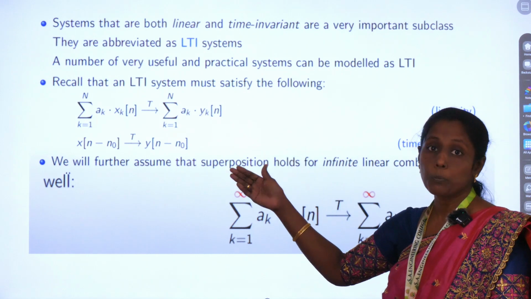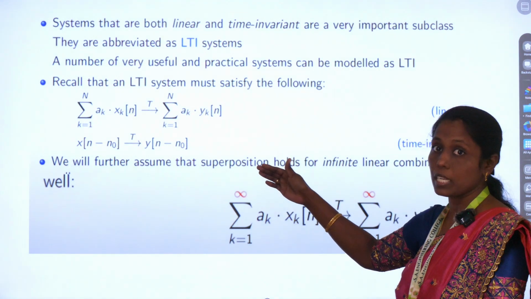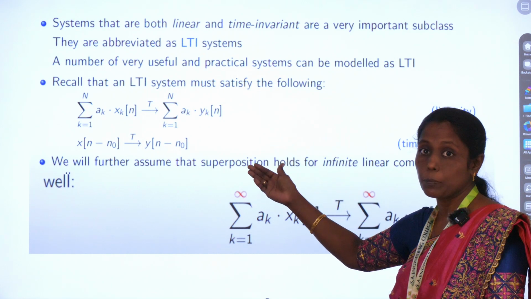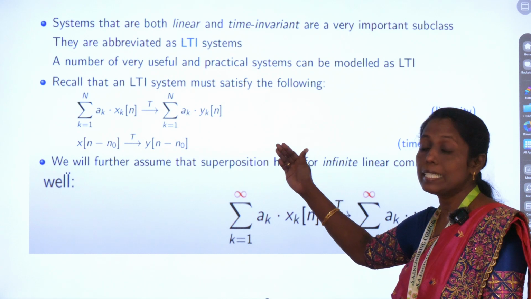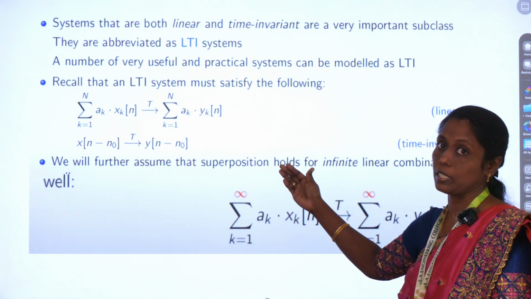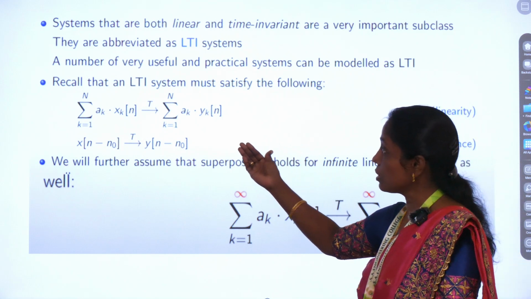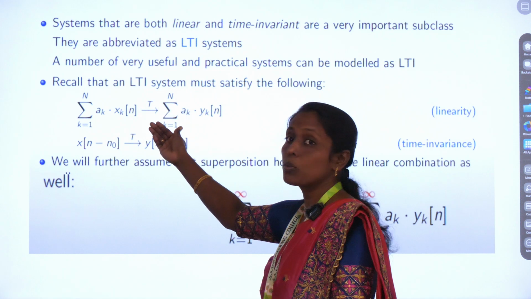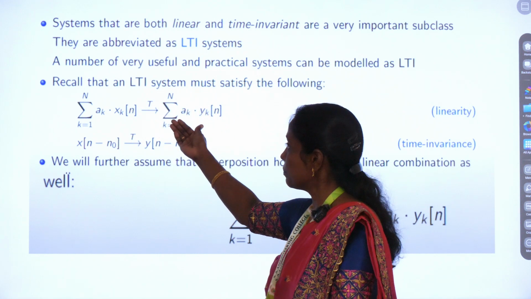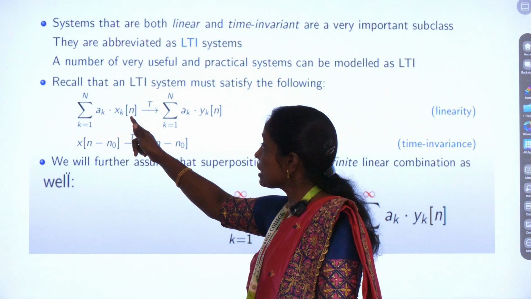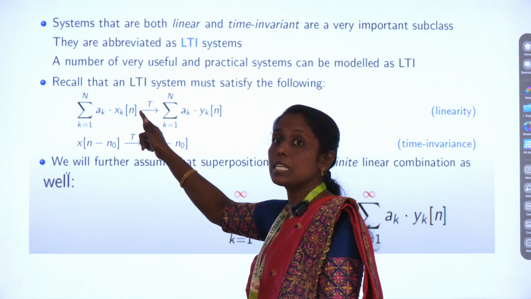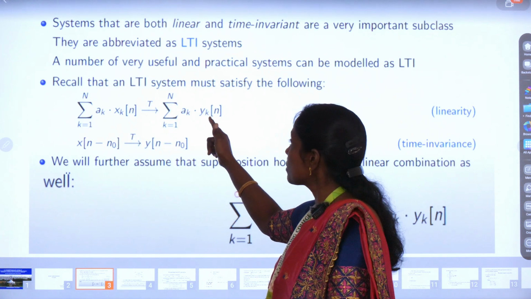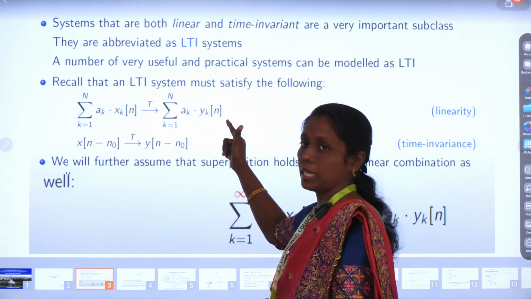at the input of the system, the same change is reflected at the output side. That is, both the input and the output are linearly related with each other. So in this equation, we can express the linear relationship among the input and the output of the system. Let us consider xk of n as the input to the system and the output of the system is represented as yk of n.